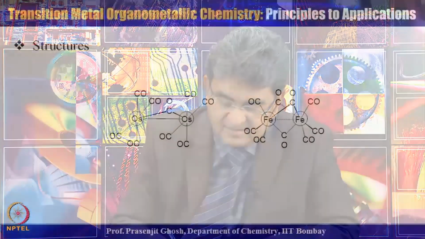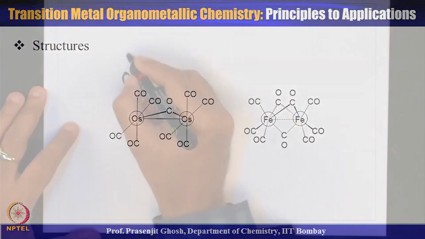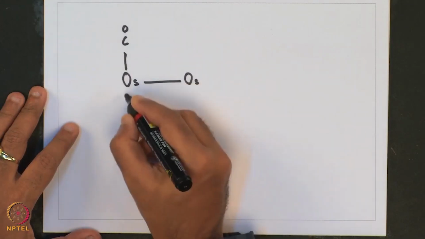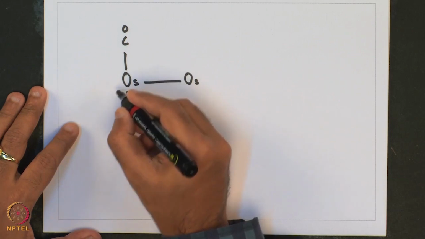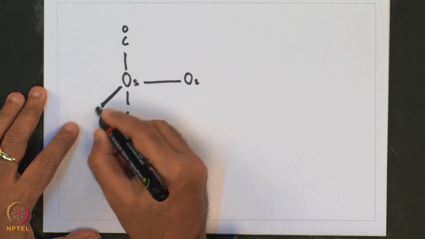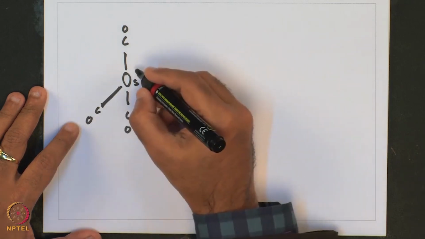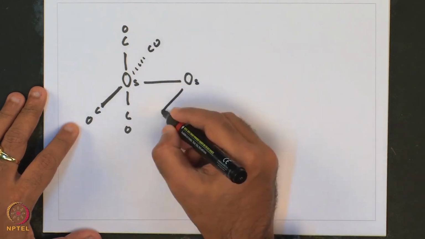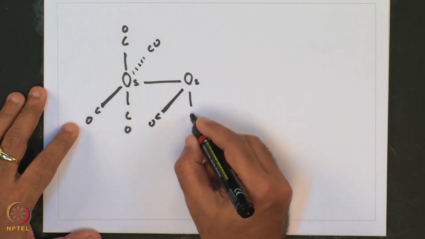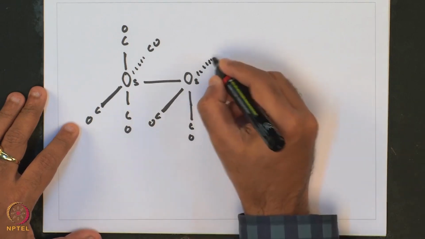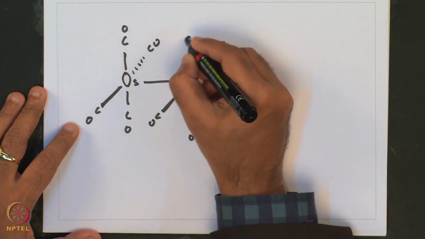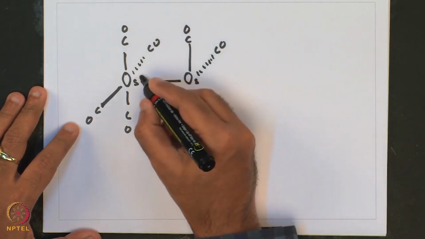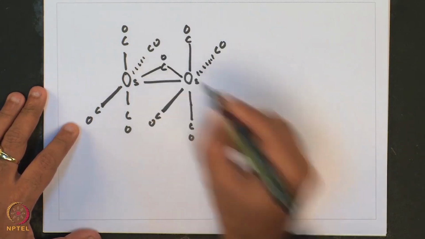We are going to take a look at 2 more such structures where similar diversity has been observed, and this is osmium carbonyl complexes, where you have 2 osmium also having bridging carbonyl.